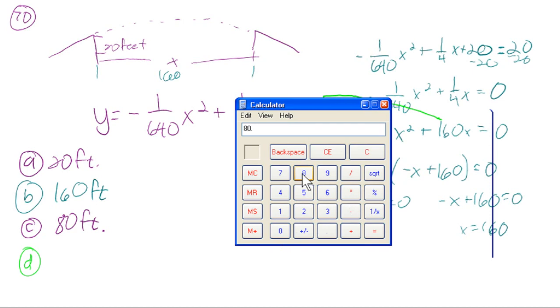So 80 times 80 divided by 640, that's this part here. That's 10, so negative 10 actually, plus 80 divided by 4. 80 divided by 4 is 20. Negative 10 plus 20 is a positive 10, plus 20, that's 30. 30 feet, that's how high the maximum height is.